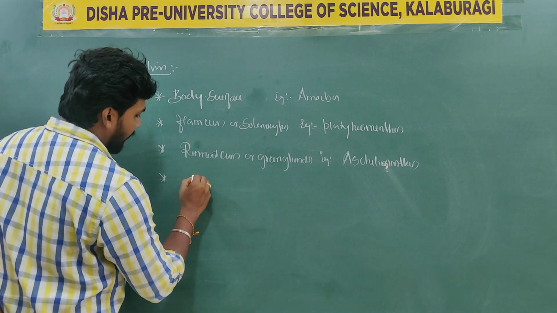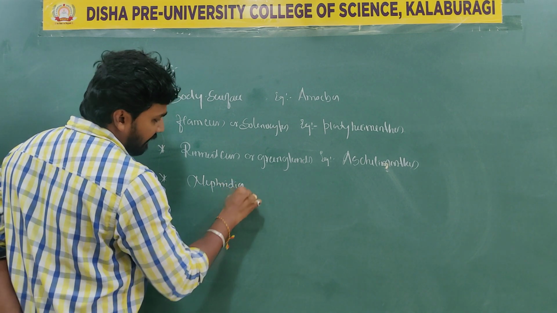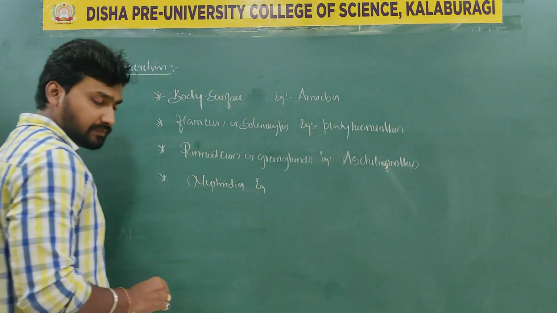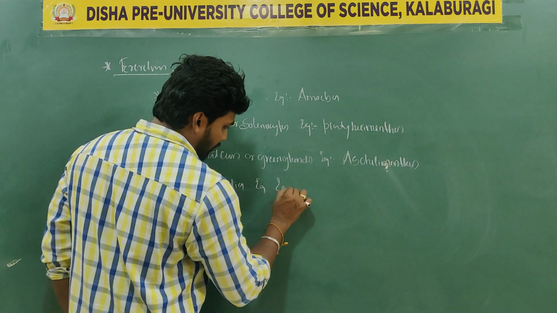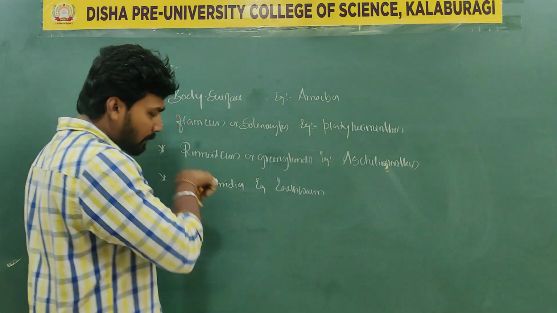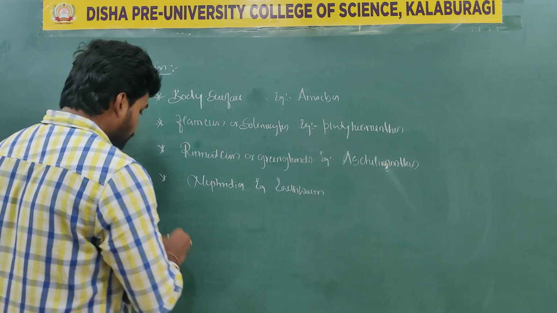Some organisms have nephridia for the release of nitrogenous waste material. Example, earthworm. Earthworm possesses nephridia as the excretory organ.